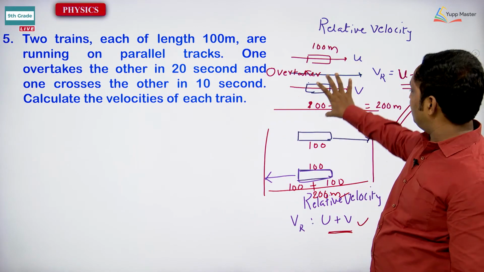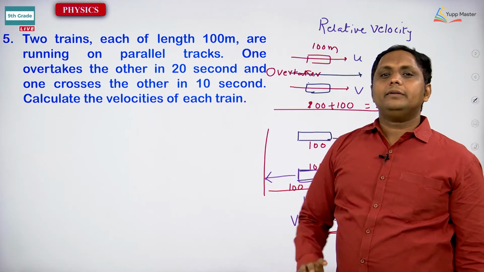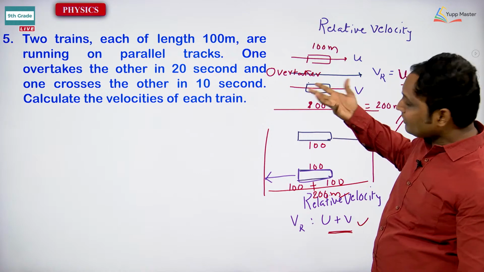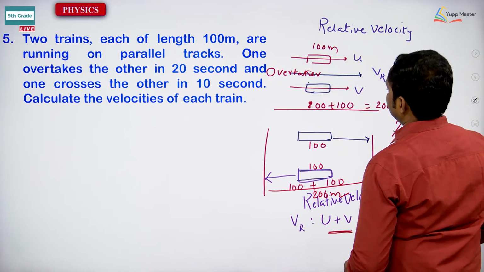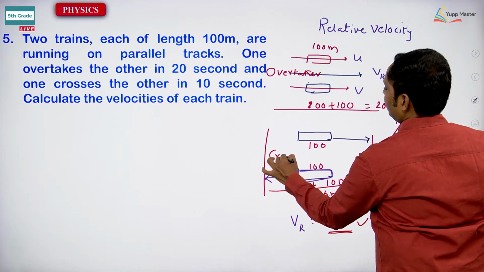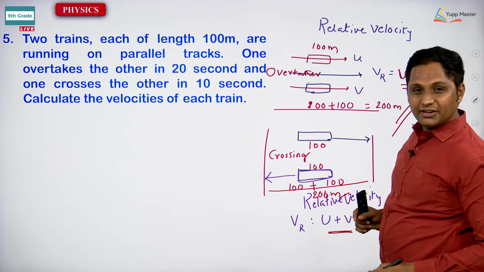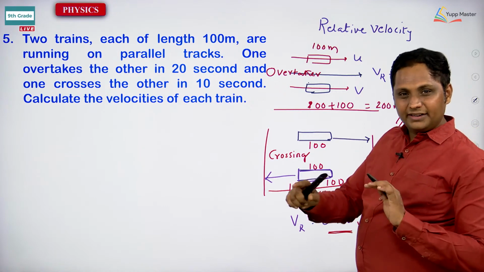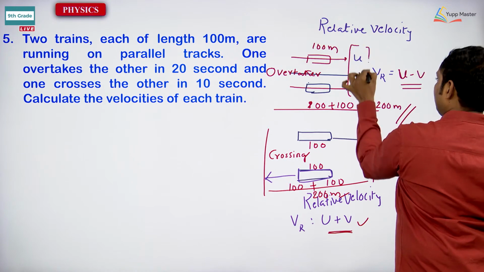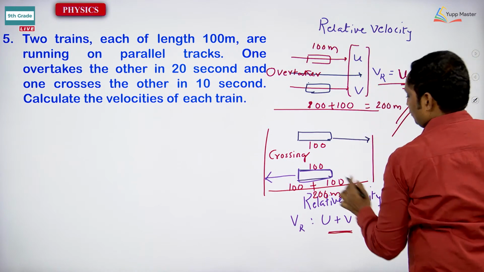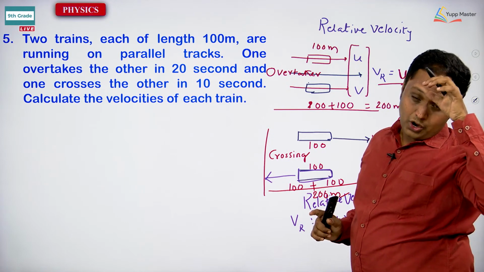Alright, they are going to be on parallel tracks, but consider the time taken to cross and the time taken to overtake. Overtake is in the same direction, crossing is in the opposite direction, it is very clear. What is the time?